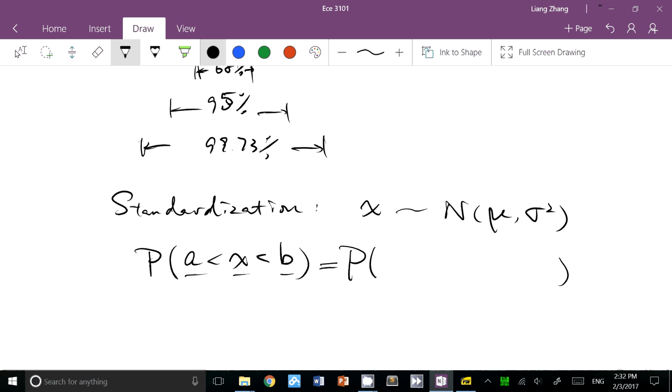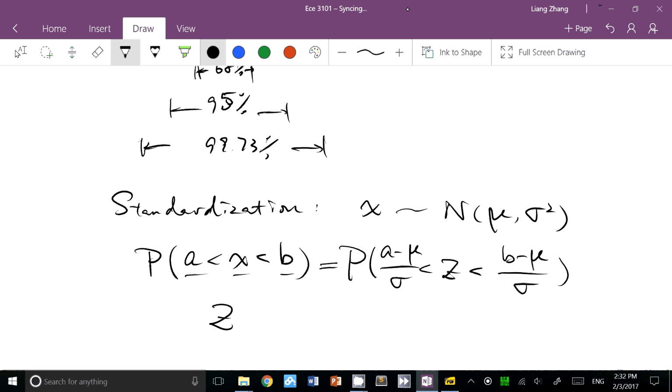It will look like this. For the upper bound and lower bound, we'll subtract mu and divide by the standard deviation sigma, and in the middle we'll have a new random variable z.